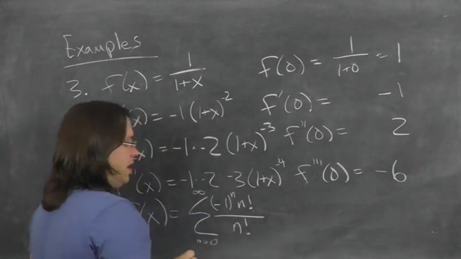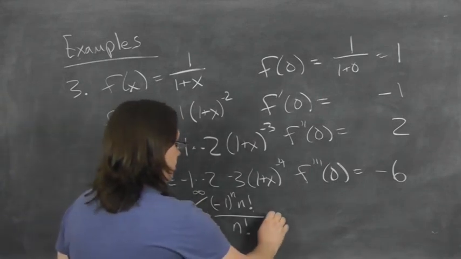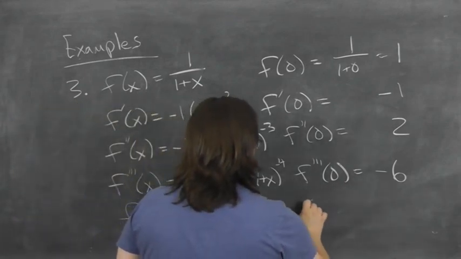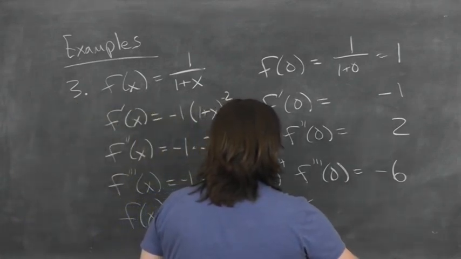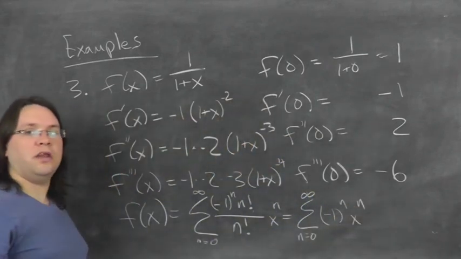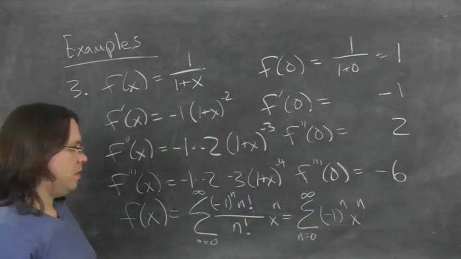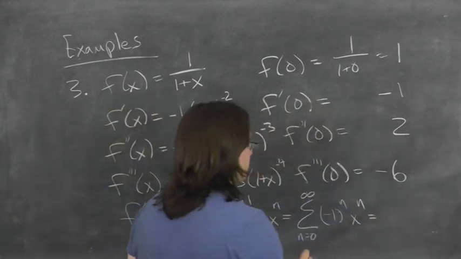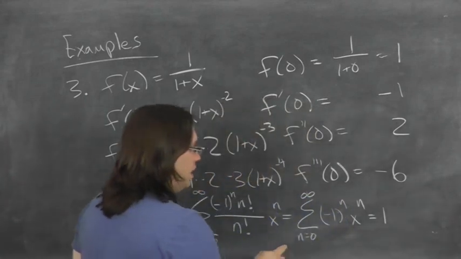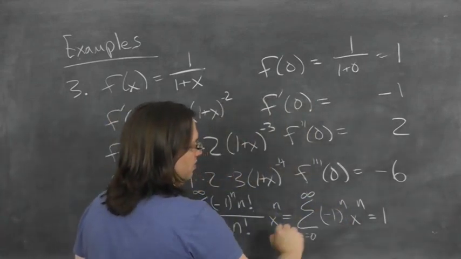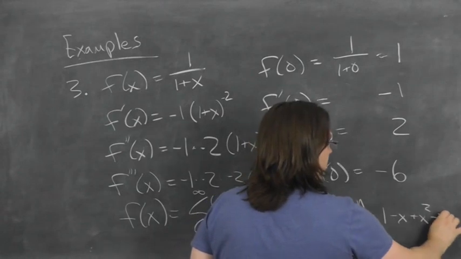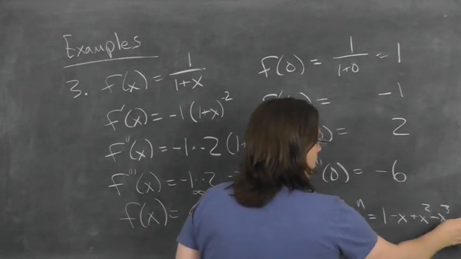We always divide by n factorial, and then times x to the n. In other words, this is the sum of minus 1 to the n times x to the n. So if we write out the first few terms, the term for n equals 0 becomes 1. The term for n equals 1 becomes minus 1 to the 1 times x. So that's minus x, and then it'll be plus x squared minus x cubed, and so on.